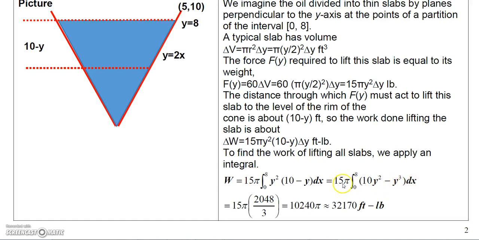When you evaluate this integral, and I'll let you do that, you should get 15 pi times 2048 over 3, which turns out to be 10,240 times pi, and that's approximately equal to 32,170 foot-pounds for the final answer.